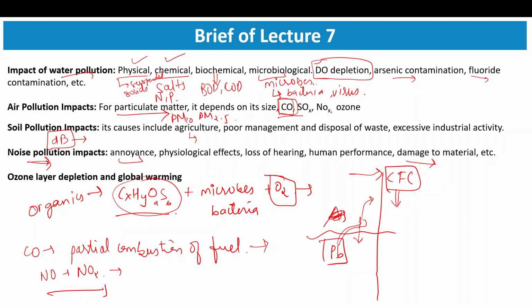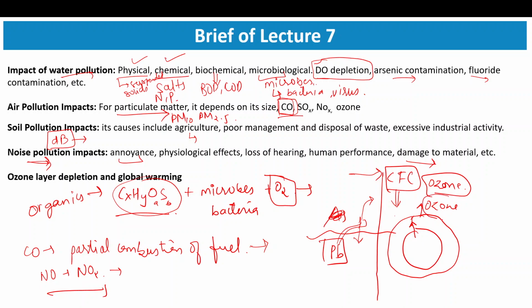For example, if this is the earth, then in the stratosphere there is a layer of ozone. The CFC rises from the surface of the earth to this ozone layer, and here it reacts with ozone.